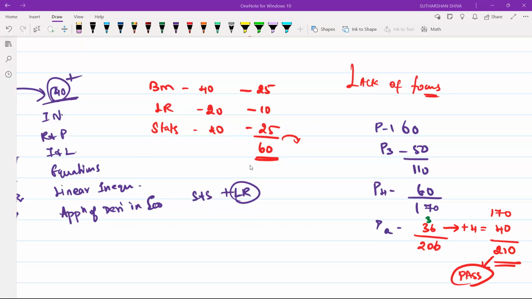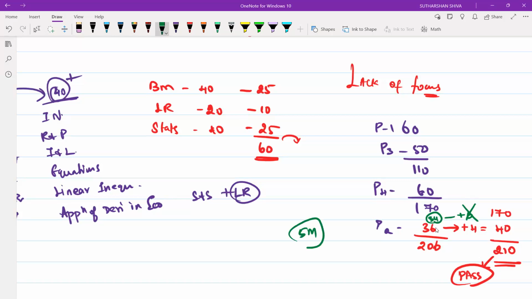Even if you score 34 marks, ICAI never adds 6 marks. Only 5 marks is permitted, so they will award 5 marks. More than 5 marks, the institute will never provide. This is based on experience I am telling. Many of the students have got exactly 40.